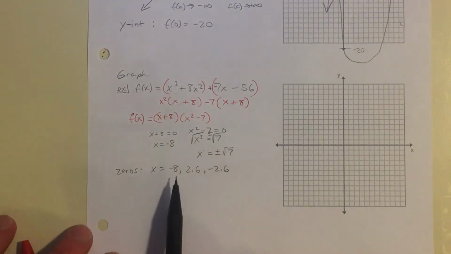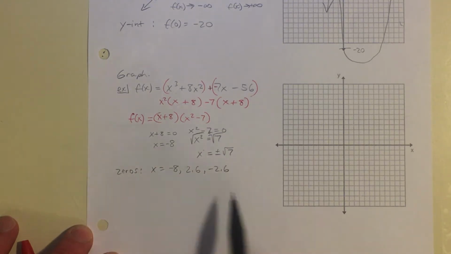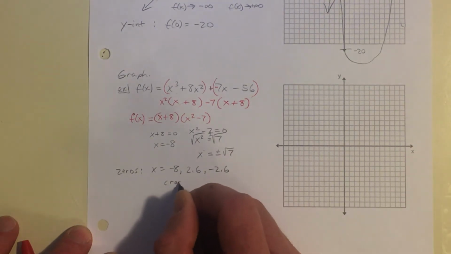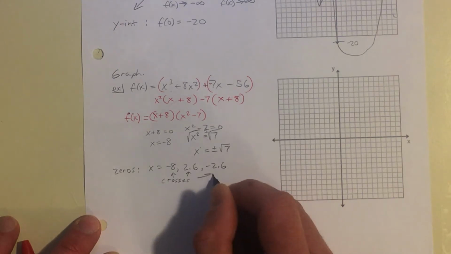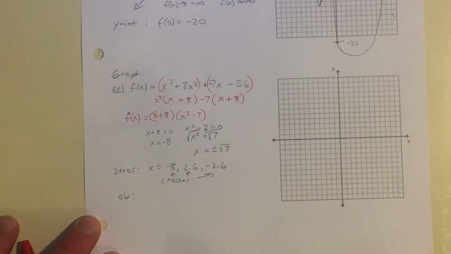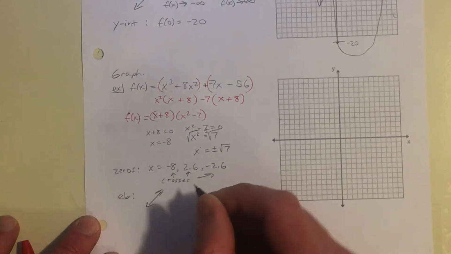All right. The multiplicity on these, they all show up once. Yeah, we got 2.6, but one's positive, one's negative. So it's going to cross at all these. Our end behavior, because it was odd and it was positive, again, we're thinking of a line going up.